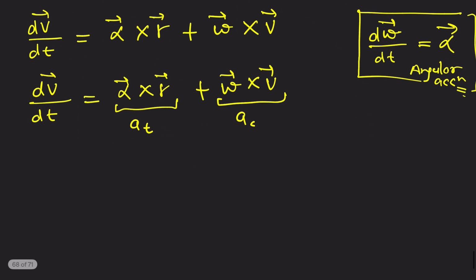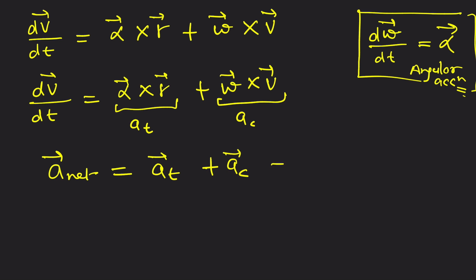So here I have developed a general relationship for a tangential and for a centripetal. So a net is equal to a tangential plus a centripetal, which is equal to alpha cross r plus omega cross v.